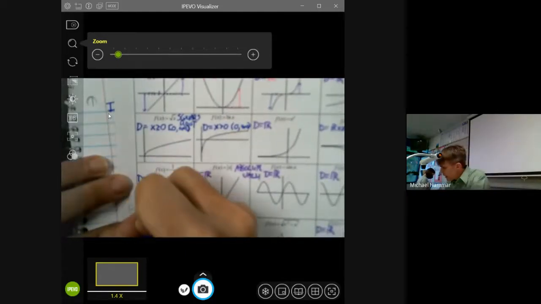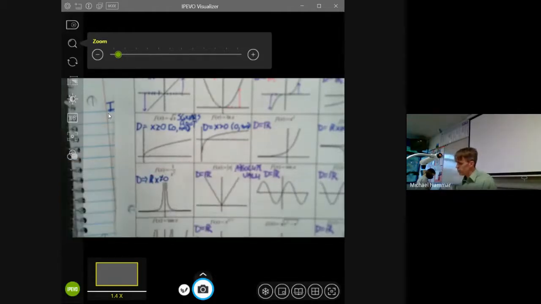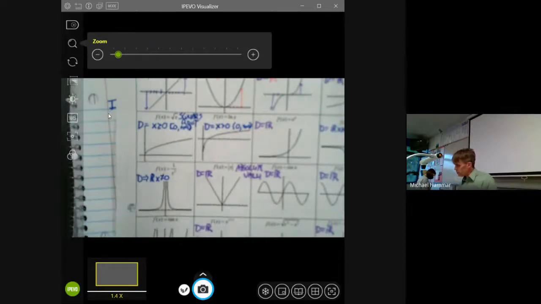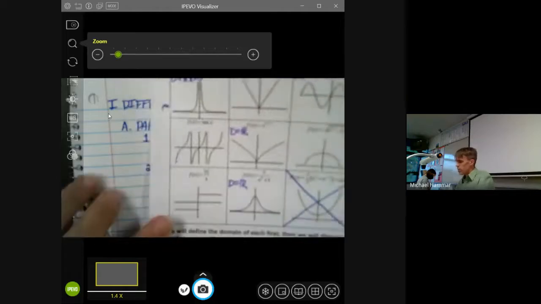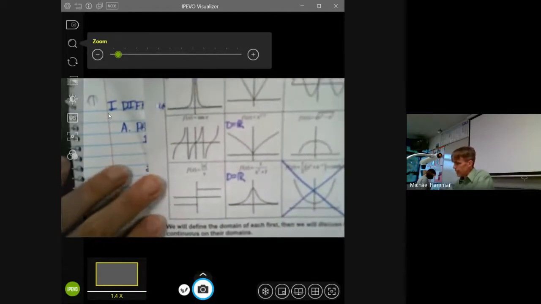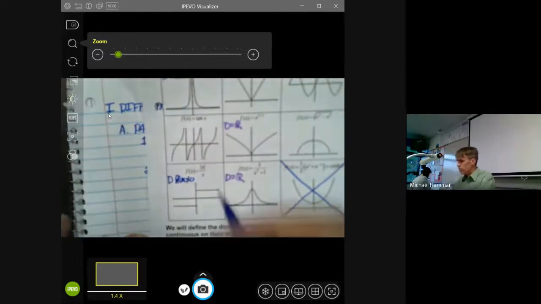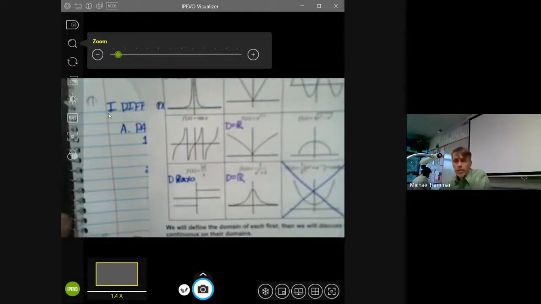The domain is all reals except x cannot equal 0. Now, the other one that has this is this one down here. This is the absolute value of x divided by x. This has a domain of all reals except x cannot equal 0, because remember, you cannot divide by 0.